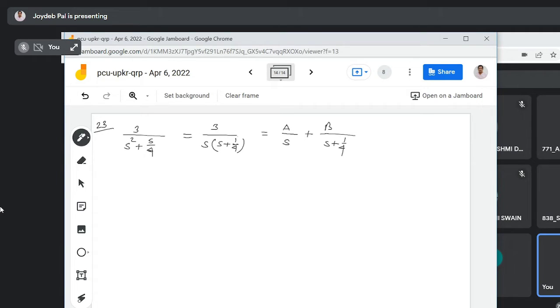After that, Laplace inverse will be easier, no? Laplace inverse of something by s and Laplace inverse of something by s plus 1 by 4. That is one way. Now what is another way?